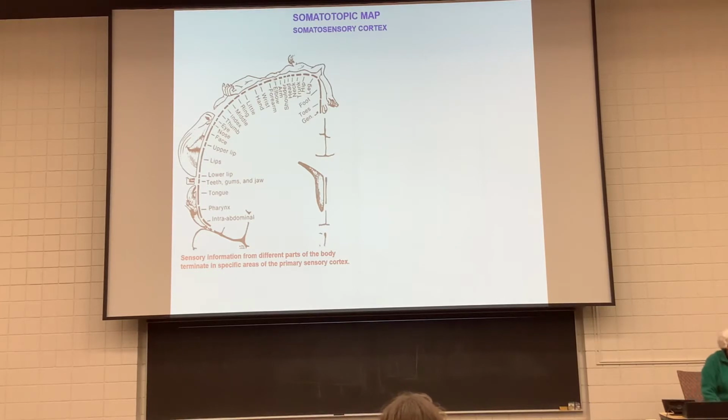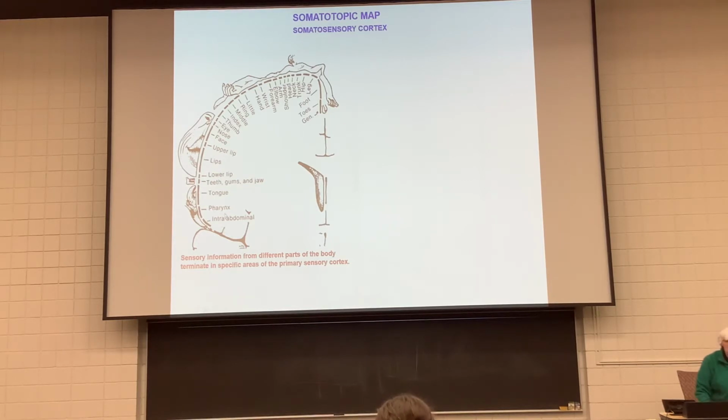And then we kind of follow up on the body. We get the hip, the thigh, the trunk, neck and shoulders, pretty much here on the upper surface. As we start swinging out a little bit more laterally, we see the hand and the digits coming down, a little bit more ventral. We get the face, and down here are things like pharynx, the pharyngeal muscles, and areas like the tongue.